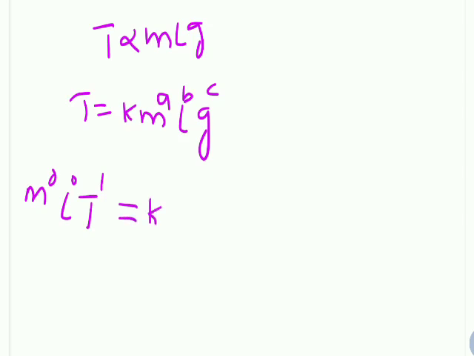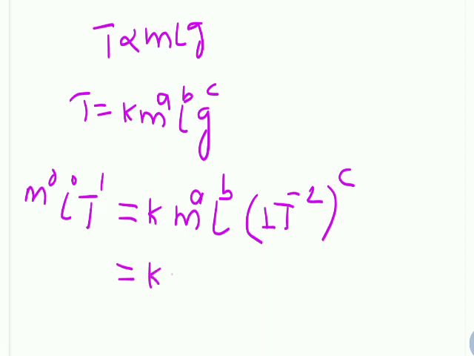So K M to the power of A, L to the power of B, G means L by T inverse 2, to the power of C.